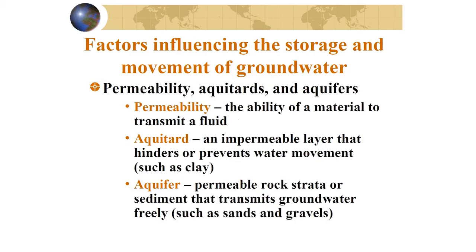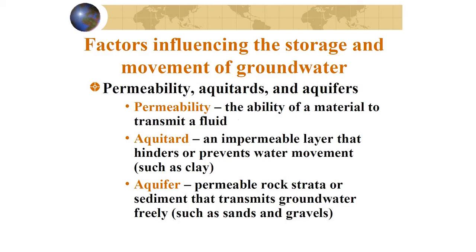Now, factors influencing the storage and movement of groundwater. One is permeability, the ability of a material to transmit a fluid, which is determined by the connectivity, the interconnectedness of pores in the aquifers. We will be seeing these aquifer types again later. There are different types of material.